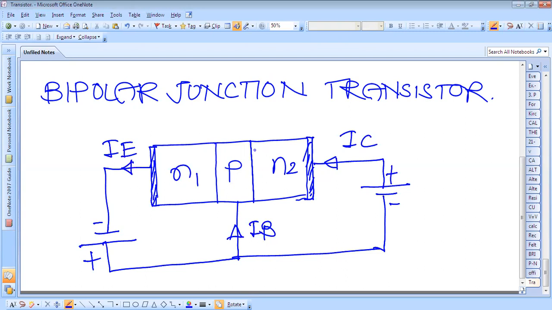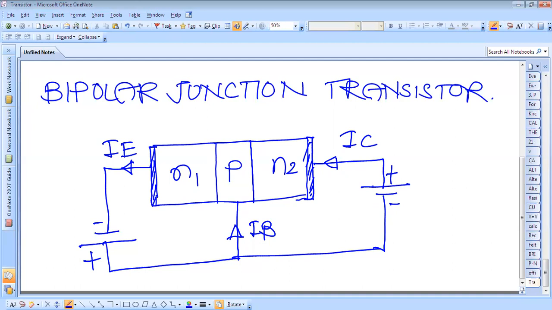This is one junction and this is another junction, consisting of a thin layer of p-type semiconductor material, which is sandwiched between N1 and N2. That means it is sandwiched between two N-type semiconductors, and this is referred to as the NPN transistor.